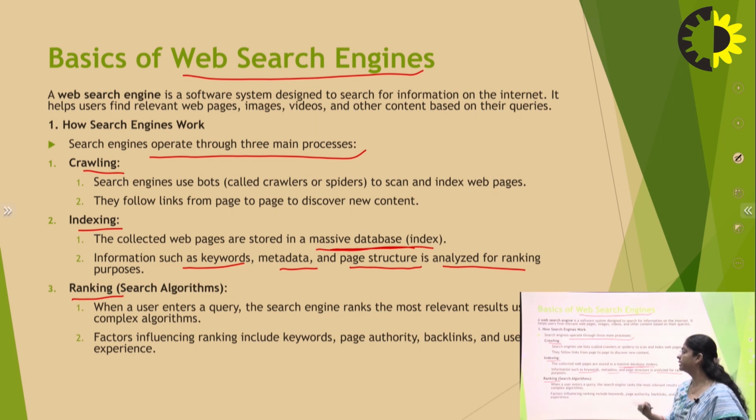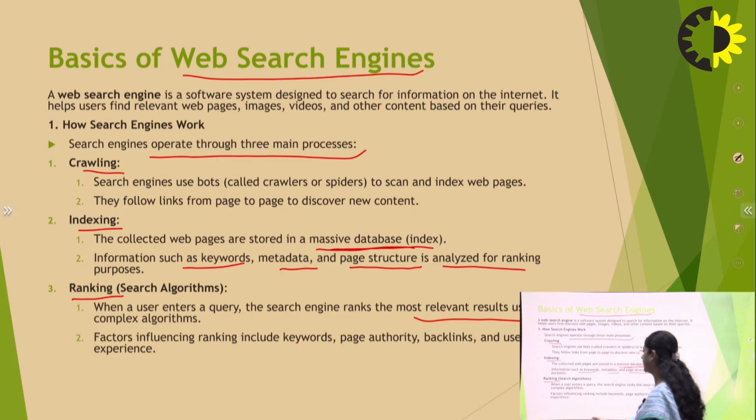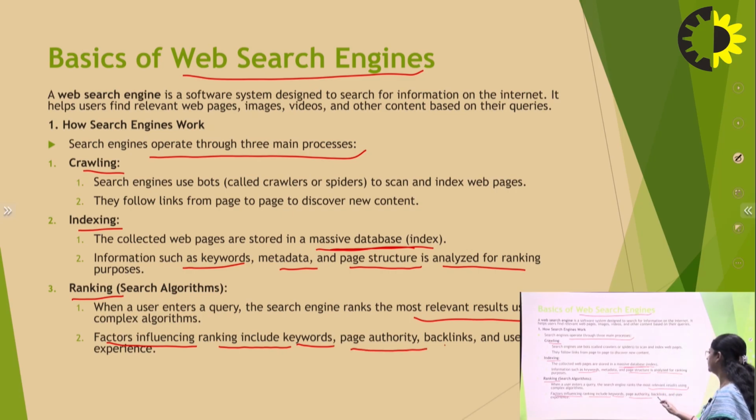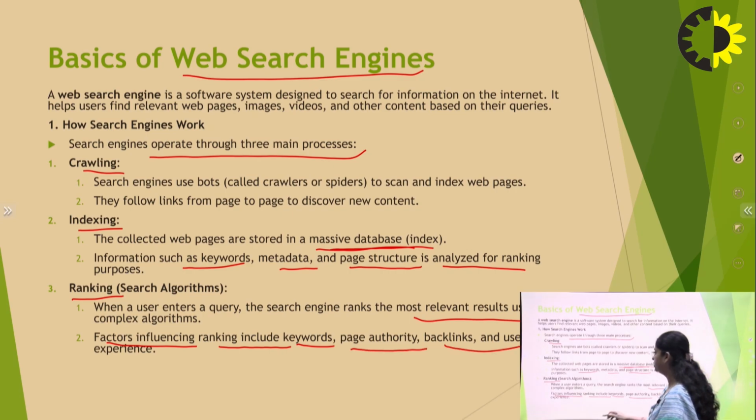Next is the ranking search algorithm. When a user enters a query, the search engine ranks the most relevant results using complex algorithms. Factors influencing ranking include keywords, page authority, backlinks, and user experience.